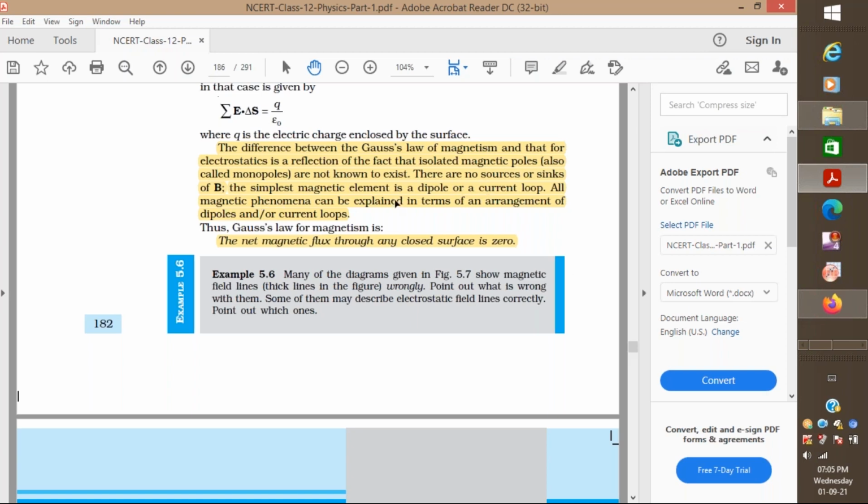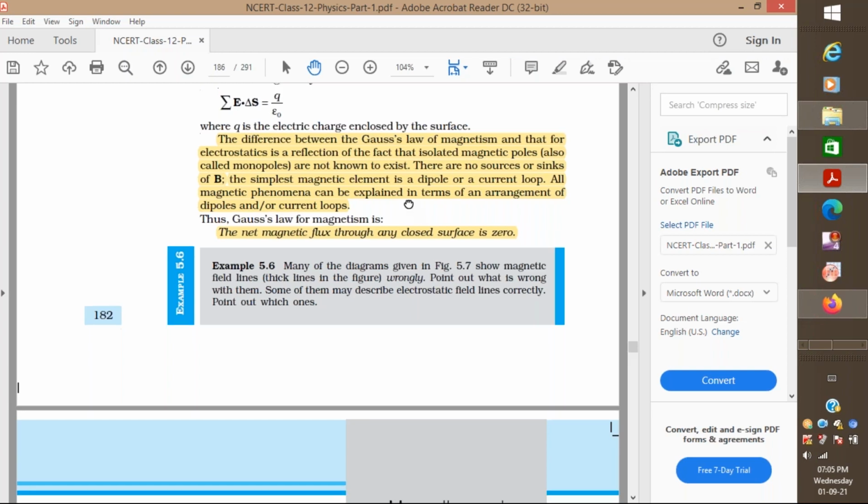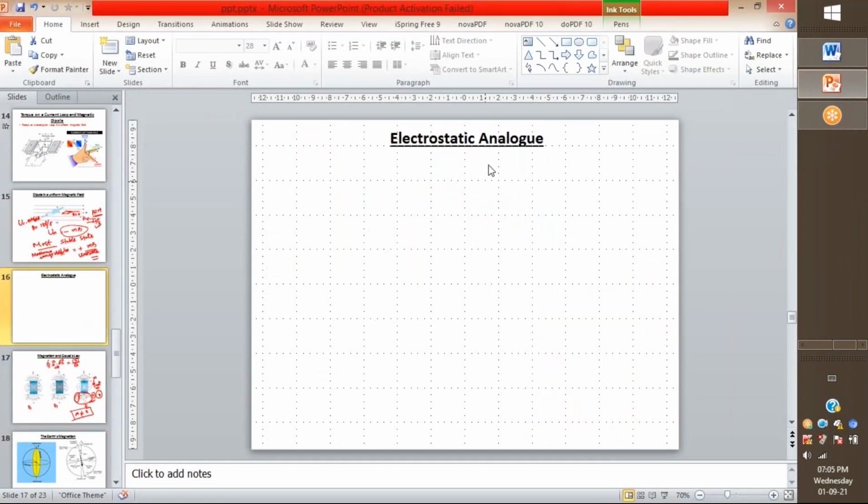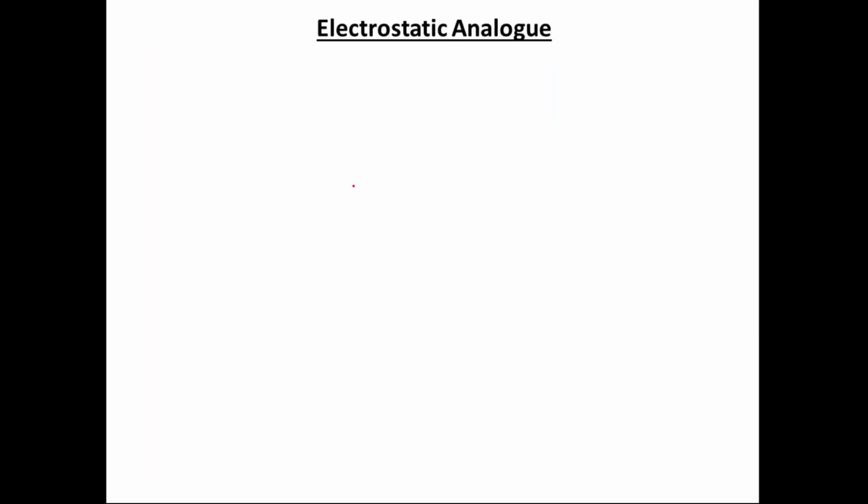In electrostatics, the electric field lines start from positive charges and end at negative charges. Source means where it starts, and sink means where it ends.